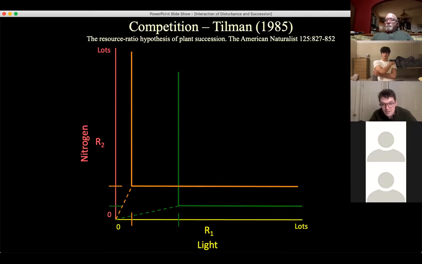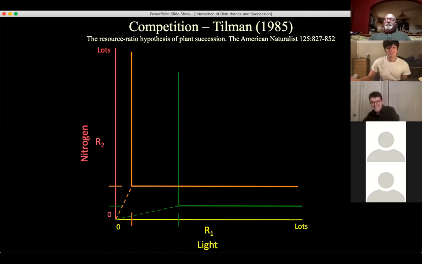So then what is it, Joe? Unmute yourself. The slope? Yeah, it's a slope. And if you have a low slope, it means that you're using not much nitrogen relative to light. And if you have a high slope, it means you're using a lot of nitrogen relative to light.